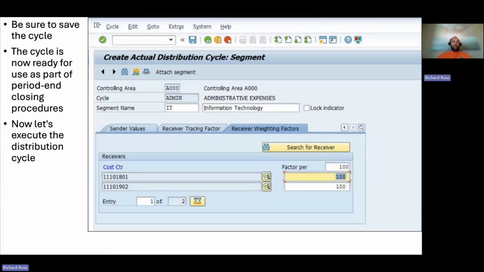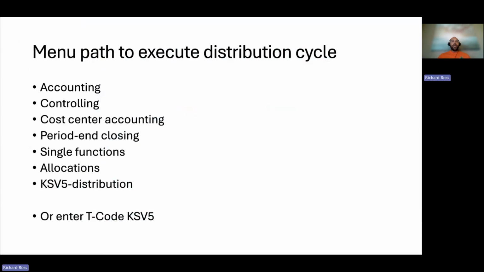Now, let's execute the distribution cycle. Menu path to execute distribution cycle. Accounting, controlling, cost center accounting, period end closing, single functions, allocations, distribution, or enter T code KSB5.